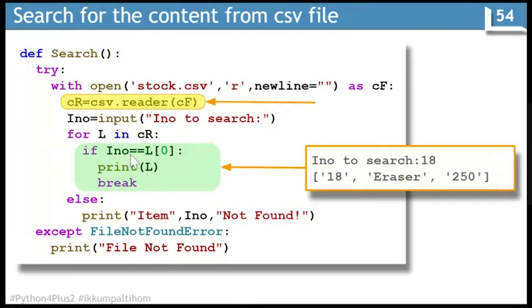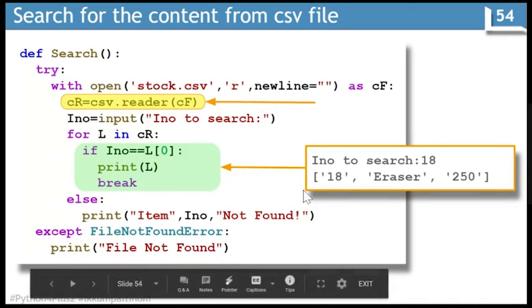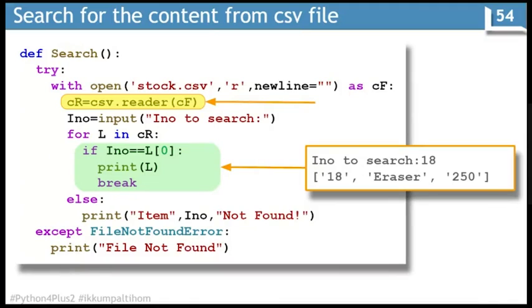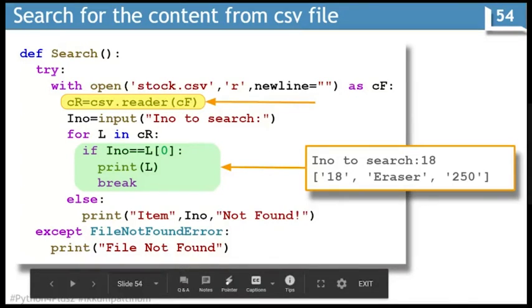If INO matches L0, then you will display that to the user. And if this loop is over and you did not find INO at all, you will display INO not found. So in this particular case, if the user enters 18, it will display 18, eraser, and 250 as the result. If the file is not present, it is going to show you file not found.